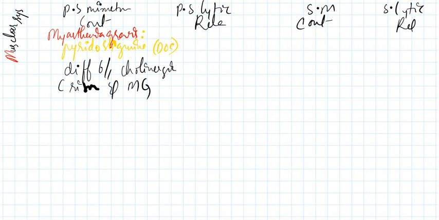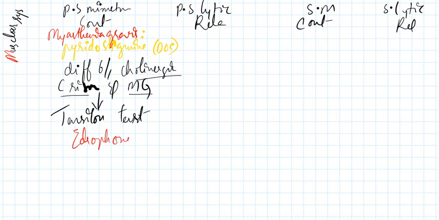By which test is this differentiation done? It is done by the test called the Tensilon test, and the drug used here is edrophonium. Edrophonium is the drug used in the Tensilon test. For what purpose do we do the Tensilon test? It is used for the differentiation of cholinergic crisis from myasthenia gravis, and the drug used is edrophonium.